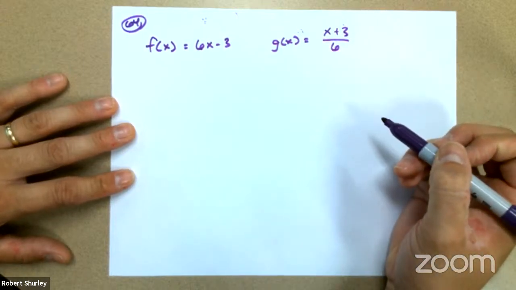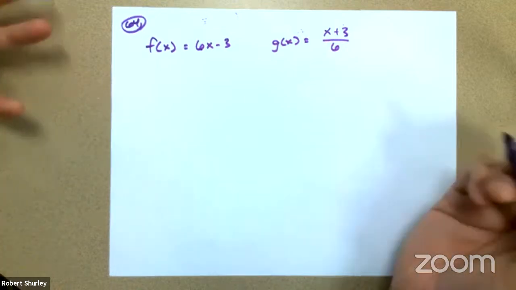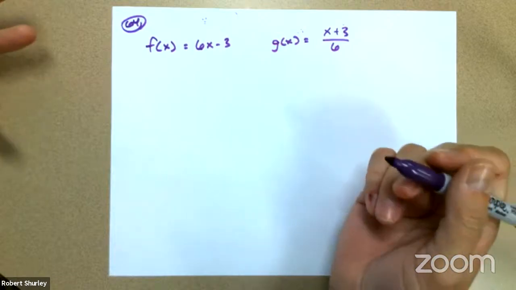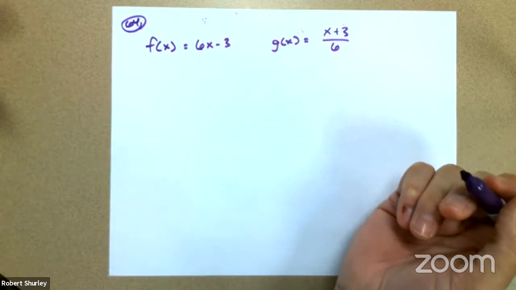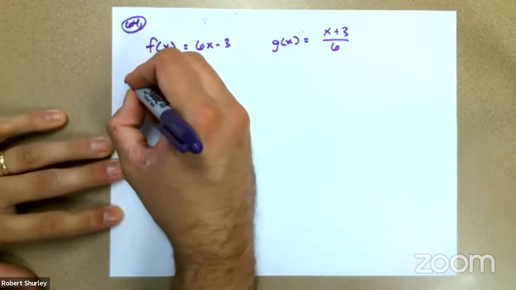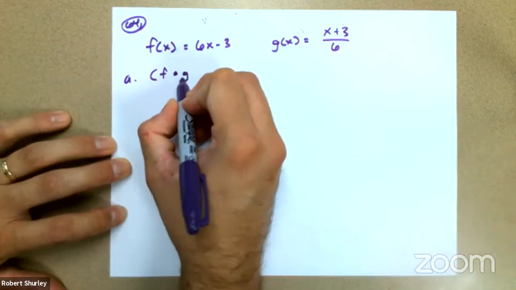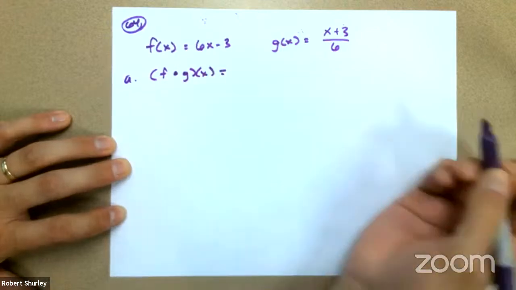The question states exactly the same thing I asked you. If you go to page 298, A, B, C, and D are exactly what I asked you for in that last example. A asks for f composed of g of x. Let's do that first.